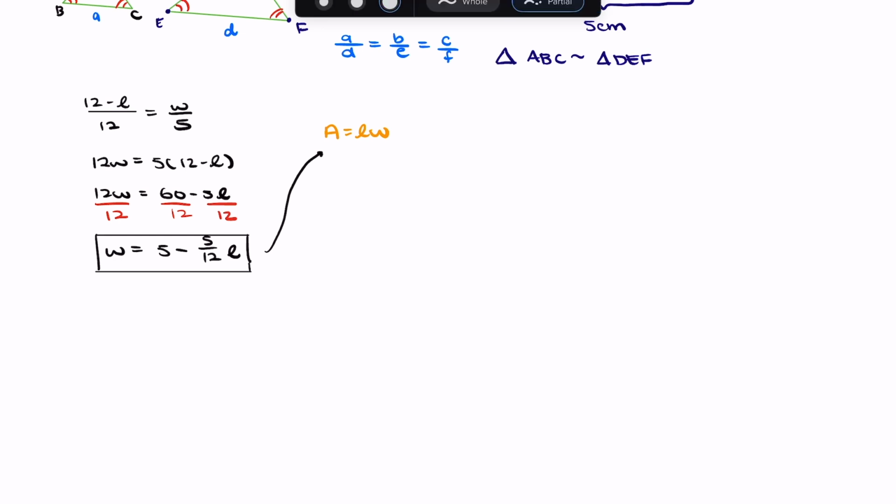Here we get area is equal to length times 5 minus 5 over 12 L. So here, if we distribute this in, the area is equal to 5L minus 5 over 12 L squared.